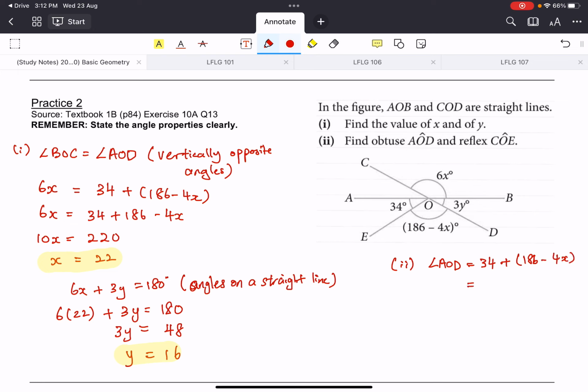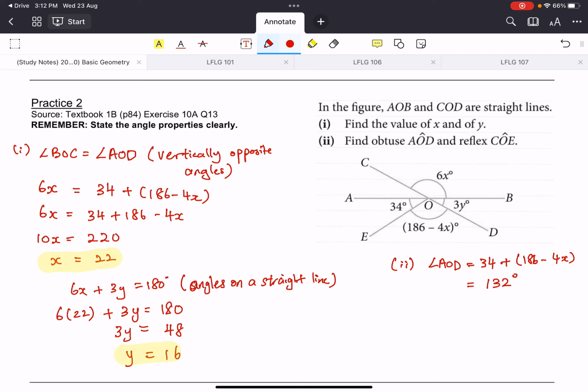Which is equals to, replace the x with 22. I'll need my calculator for that. Right, calculator, where are you? 132. That's what I got. 132 degrees.